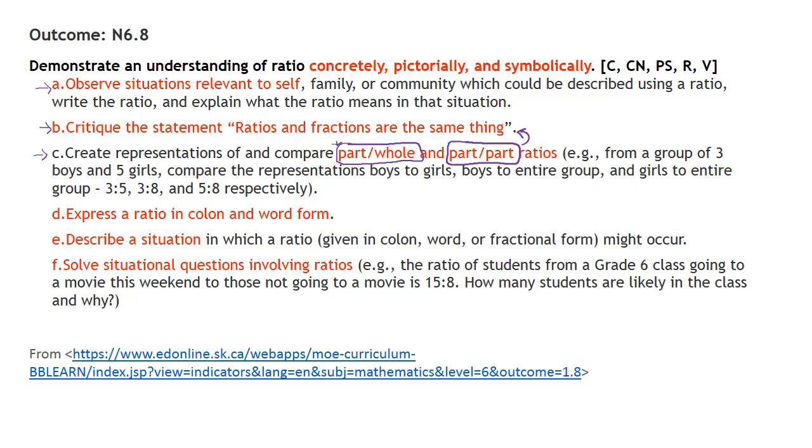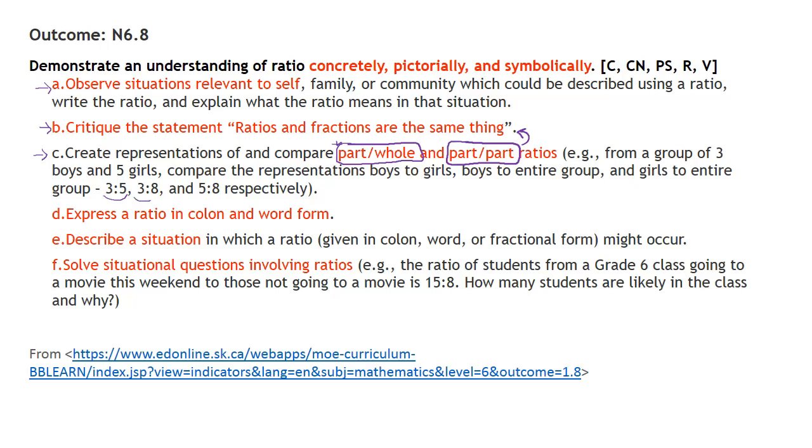Okay, the example they've given you is, from a group of 3 boys and 5 girls, compare their representations, boys to the entire group, and girls to the entire group. So we have 3 different numbers showing here. 3 to 5, which would mean 3 boys and 5 girls, so this would be part to part.